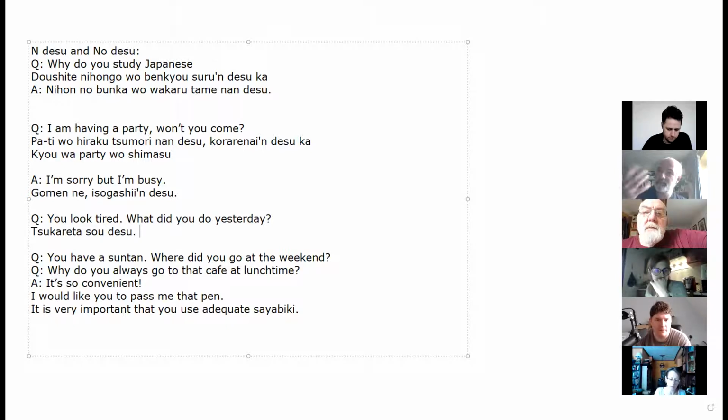And then. Kino wa nan shimashita. One more time. What did you do with the verb? Kino wa nan shita.